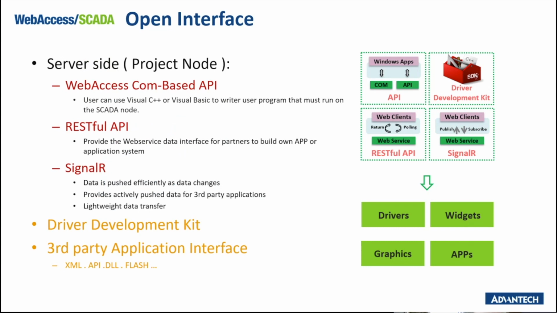WebAccess now also provides different kinds of open interface. On the server side, we have the RESTful API, which provides the web service data interface for partners to build their app or application system. SignalR provides a low threshold for a .NET developer to enter the real-time interaction world for effective data interchange by subscription.